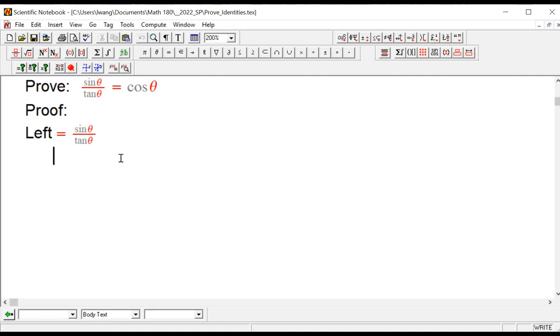And then I will say the left is sine theta over tangent theta, and sine theta over tangent theta can be replaced by sine theta over cosine theta.